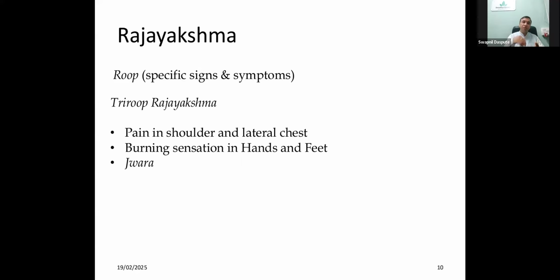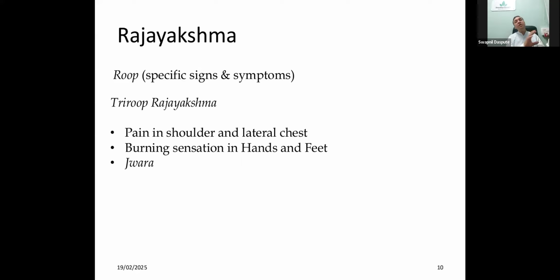It also means that if a patient with these three signs and symptoms is not treated properly or stays without treatment for a longer duration, it will get shifted to the next stage of Shadrupa to Ekadashrupa, and severe depletion of dhatus can happen, which will lead to Rajakshma in future.